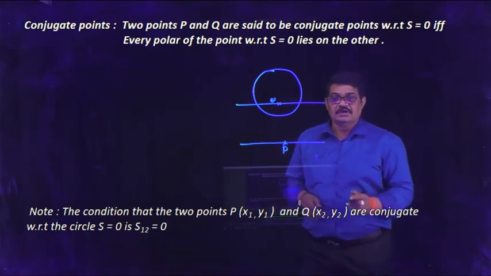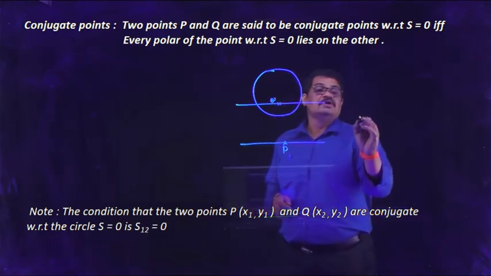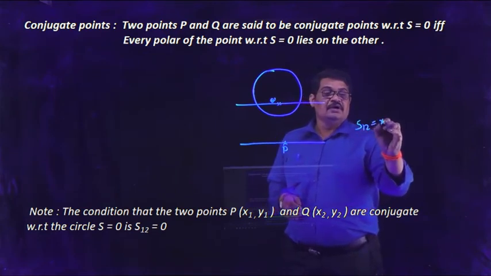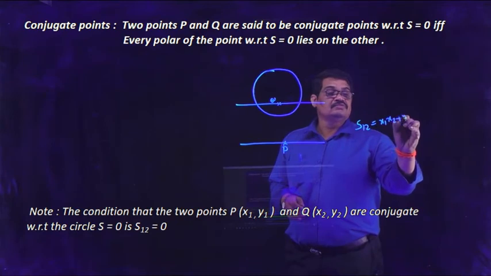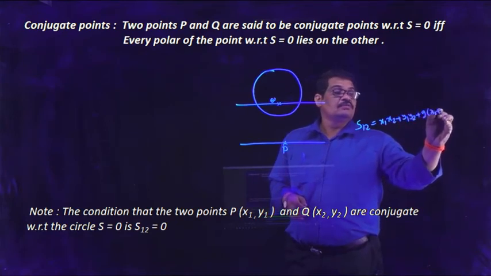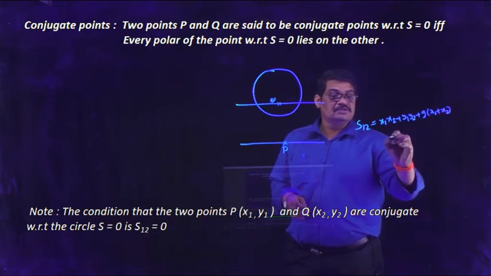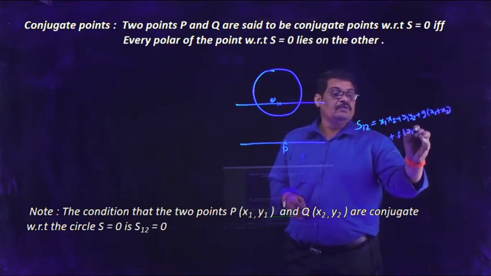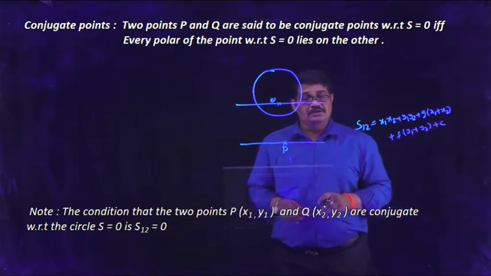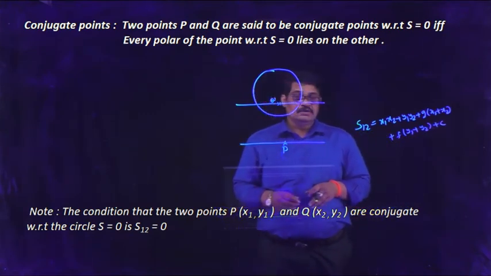What is S12? S12 is the notation for x1 x2 plus y1 y2 plus g into (x1 plus x2) plus f into (y1 plus y2) plus c. This is the notation of the expression S12.